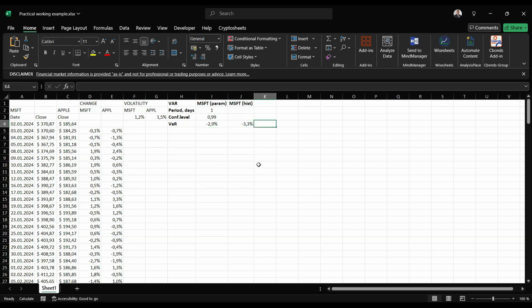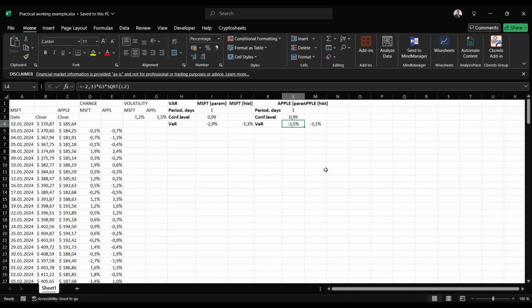Let's do the same for the Apple price. I have predefined the calculations here. You can see that for Apple, due to the higher volatility, the value at risk is bigger than for Microsoft, according to the parametric value at risk.